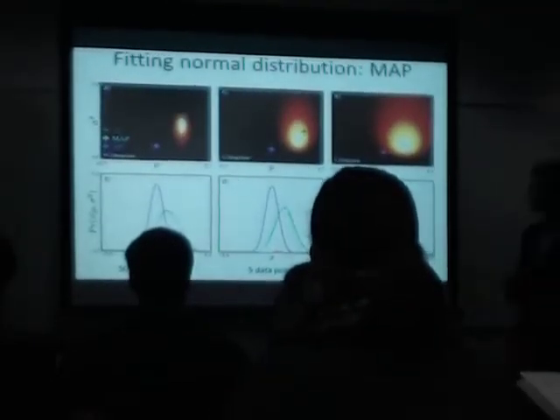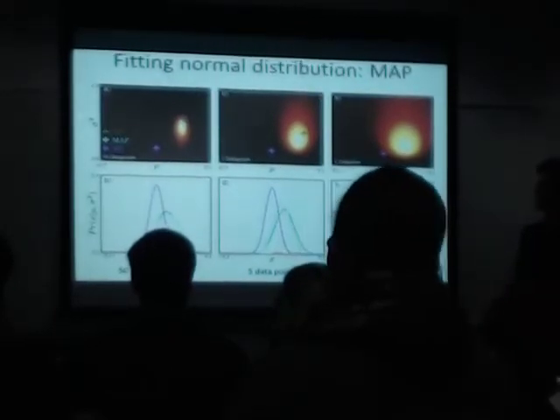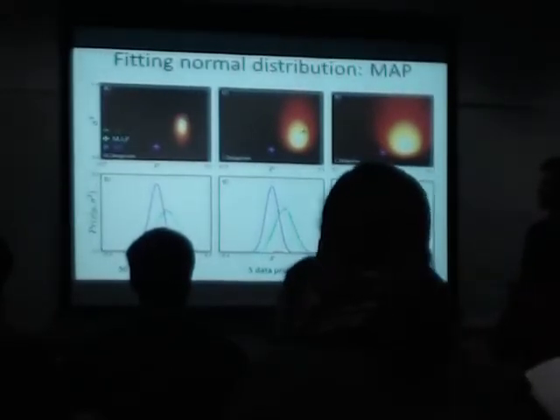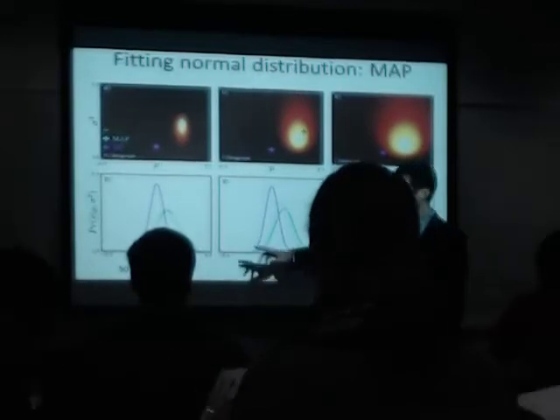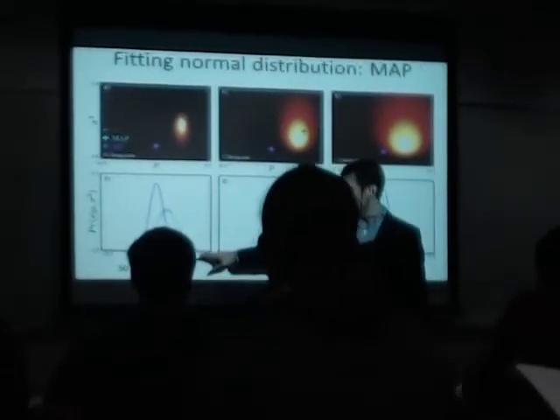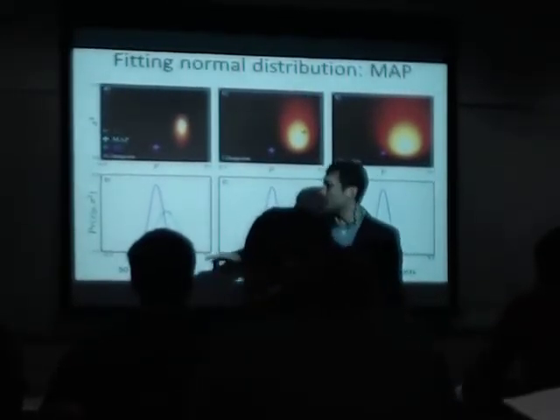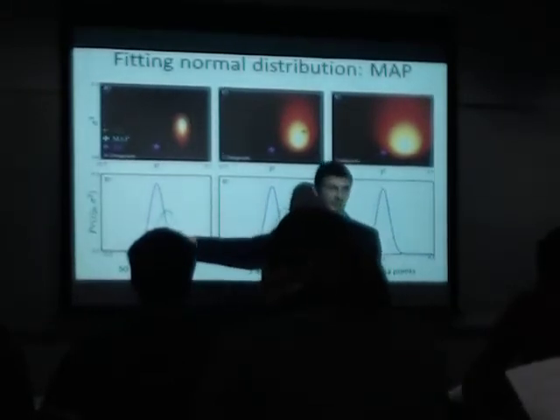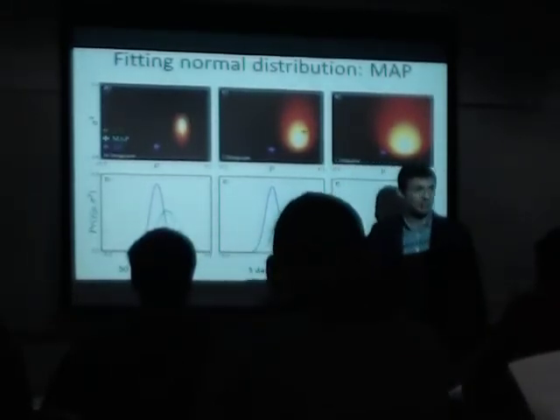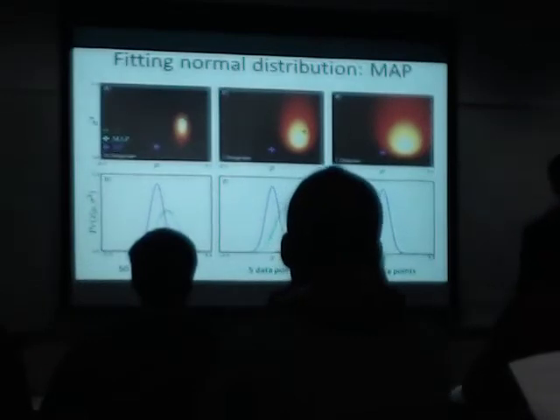So this shows the difference between using ML and using MAP. Here we've got loads of data points, and both ML and MAP come up with a sensible solution because you've got a lot of data that you can fit onto.